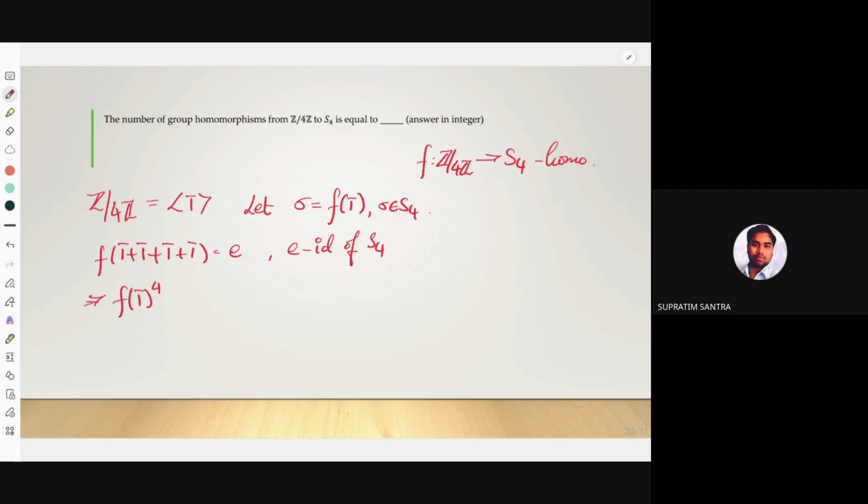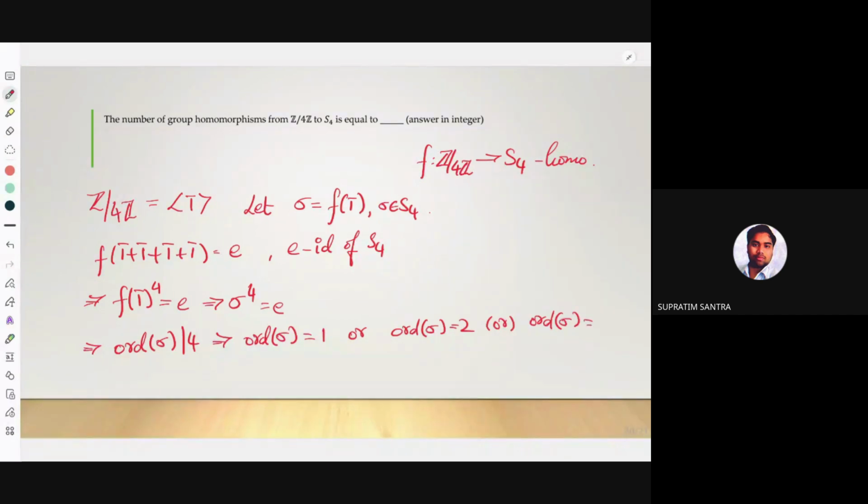Here I'm writing power 4 because S4 is a group under composition and we usually write it with exponents. So sigma power 4 is the identity, which means the order of sigma in S4 divides 4, which means the order of sigma is 1, 2, or 4.